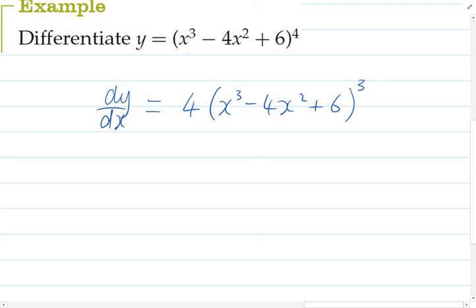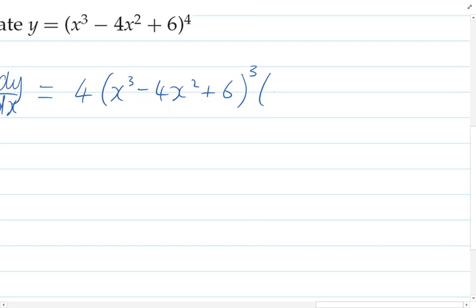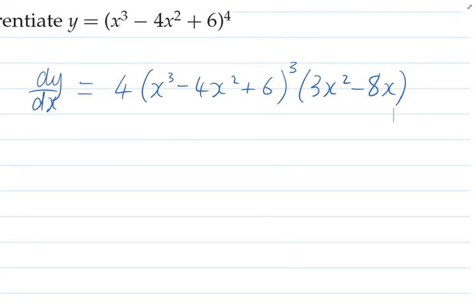So all I've done there is I've just treated this as a single differentiation thing, and then I'm going to multiply it by the derivative of everything inside the bracket, and so that's going to be 3x squared minus 8x, and that's it. So I've just jumped straight to the answer there using the chain rule or the composite rule.